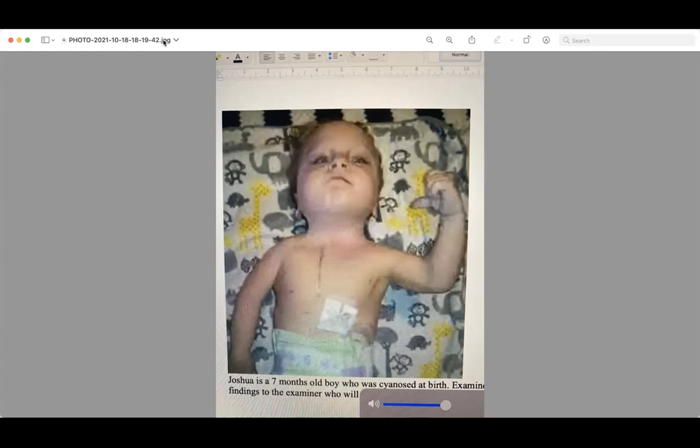If the child is acyanotic, pink, and has a median sternotomy scar, that means some cardiac surgery has been done, most probably some valvular lesions that have been corrected or repaired.